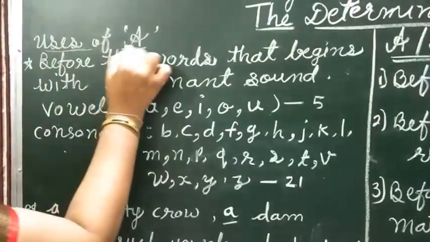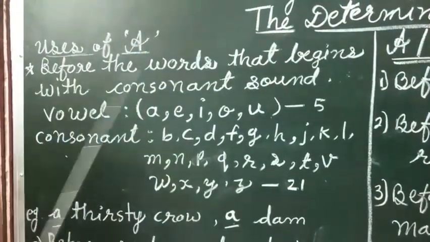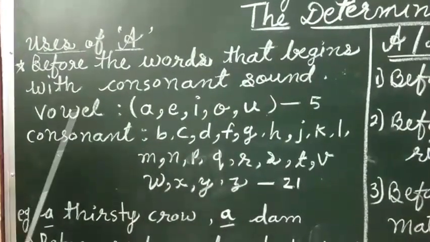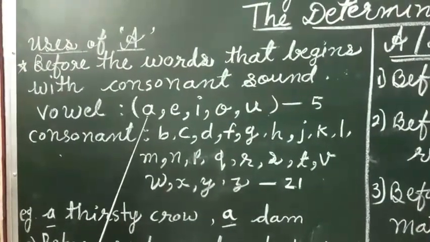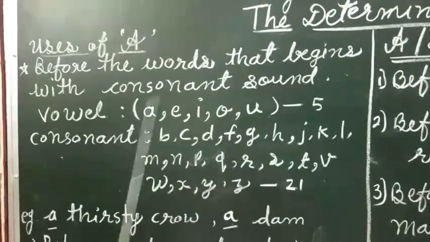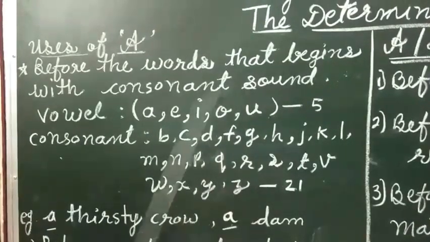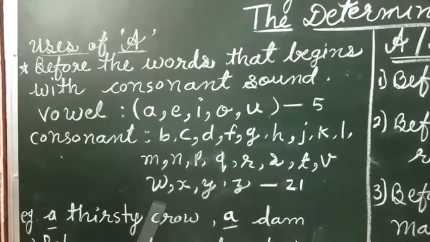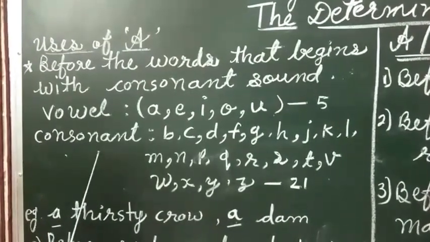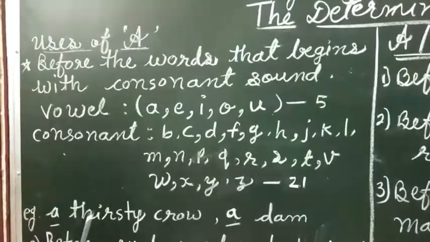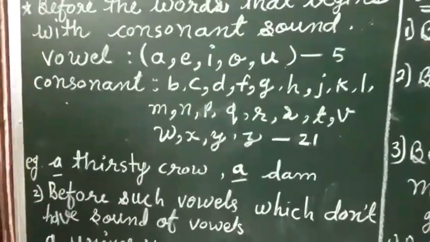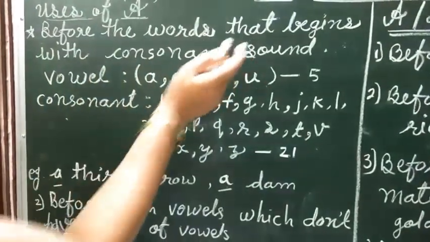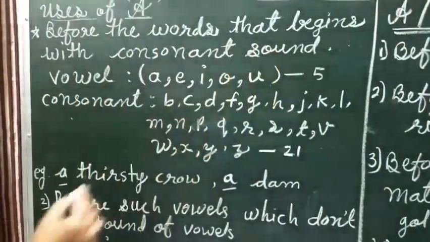Uses of a: before words that begin with a consonant sound. The vowels are A, E, I, O, U, these five alphabets. Remaining all, except these five, are consonant alphabets. So the first rule: before words that begin with a consonant sound.